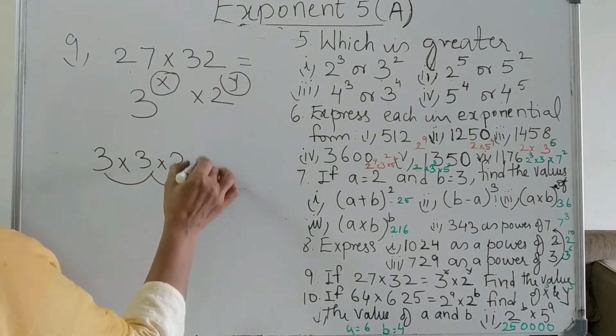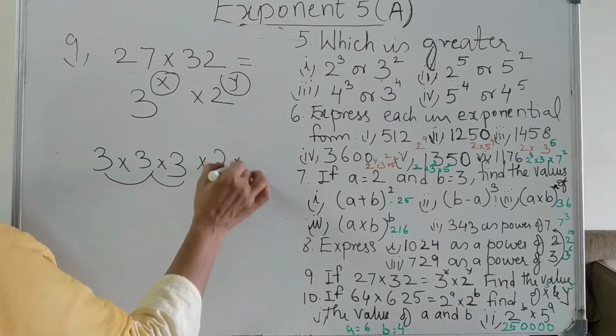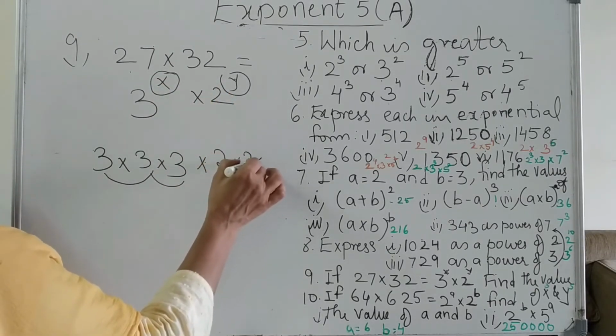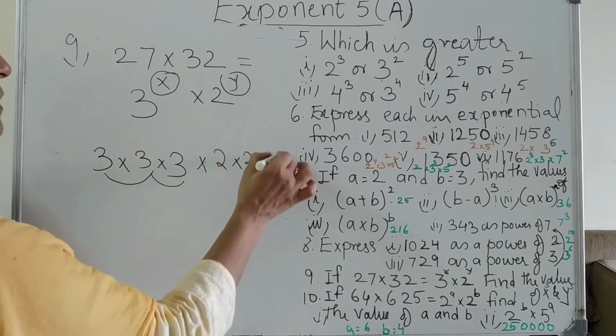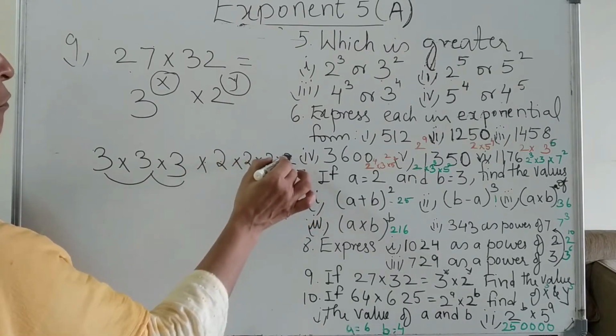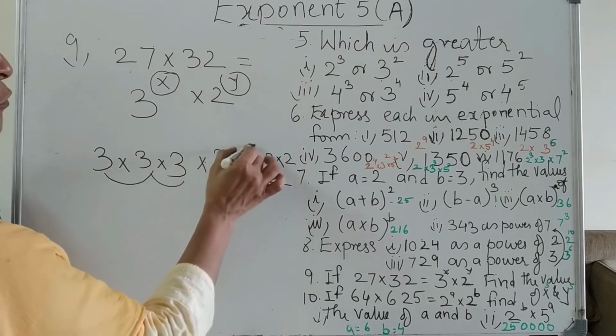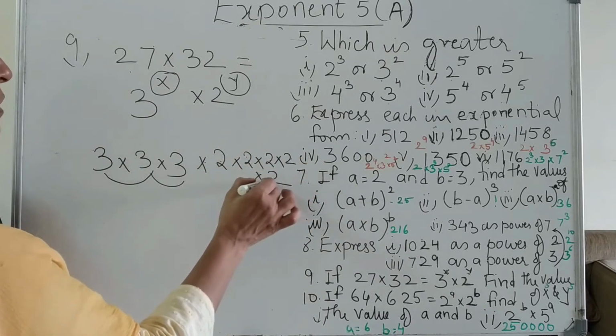Now for 32 you can write 2 into 16. You can write 2 into 8. 8 is 3 times 2. So here 1, 2, 3, 4, 5. 2 2s are 4, 4 2s are 8, 8 2s are 16, 16 2s are 32.